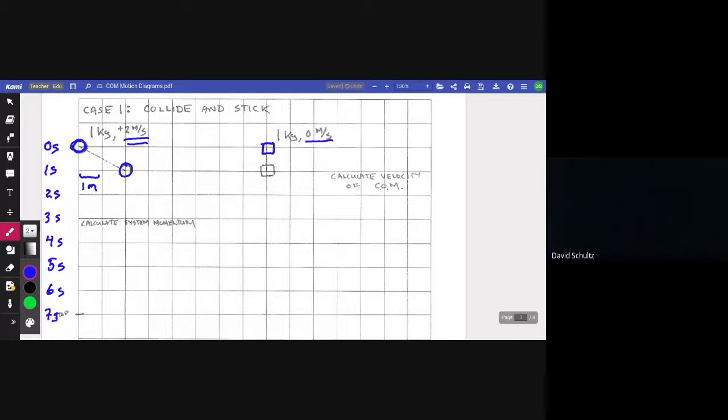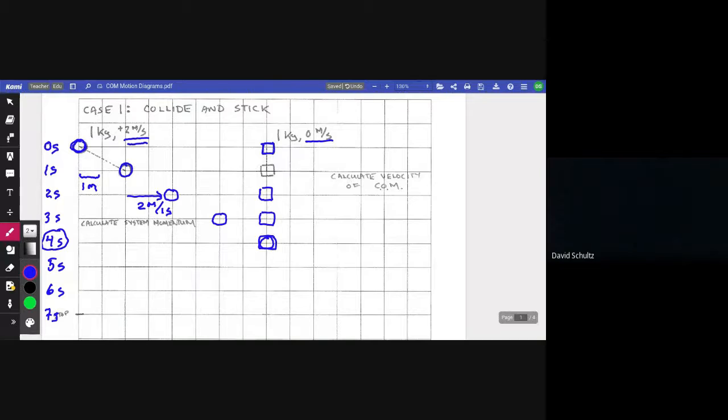So another second goes by, and now it goes there, and now it goes here, and eventually it goes here. So we're making that move 2 meters every 1 second. Now, the square, of course, doesn't move at all, at least not initially. And so that one just kind of copies down. And of course, when they're in the same place, at 4 seconds, that's where they have the actual collision.